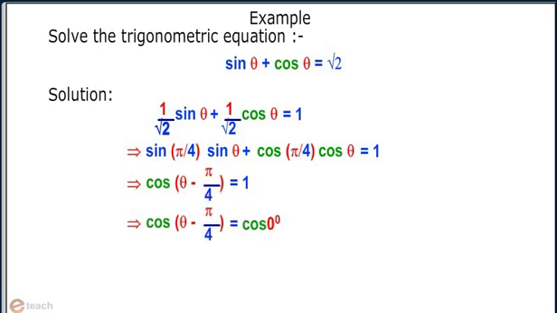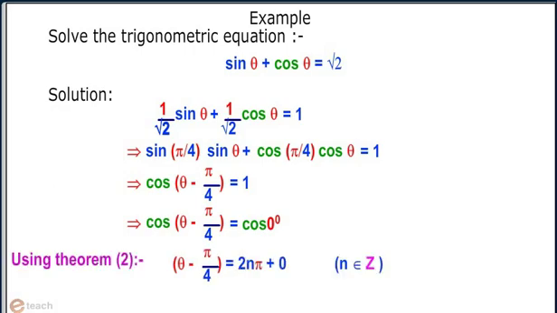We can write it as cos (theta minus pi by 4) equals cos 0. Using theorem 2, we have theta minus pi by 4 equals 2n pi plus 0, where n is an integer. This implies theta equals 2n pi plus pi by 4, where n belongs to the set of integers.